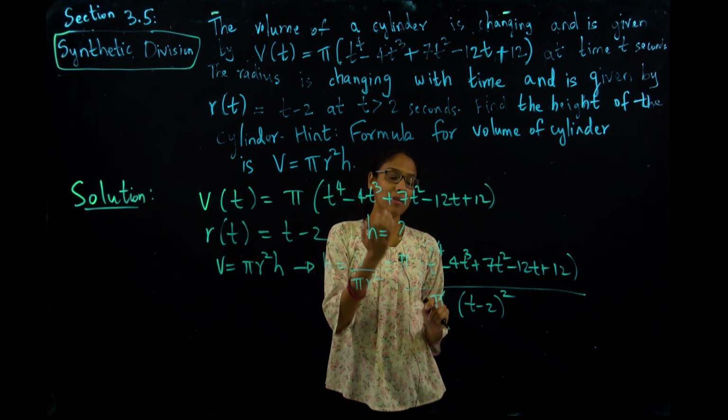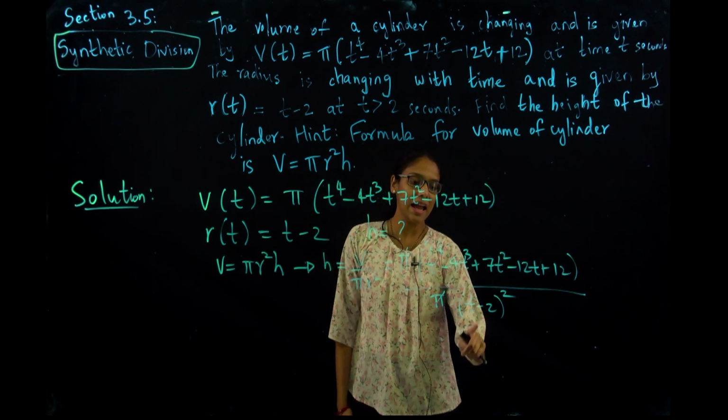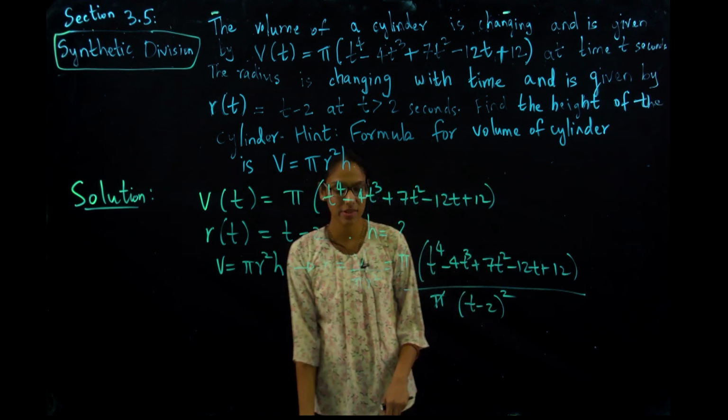First is, if you're comfortable doing long division, then expand t minus 2 the whole squared.